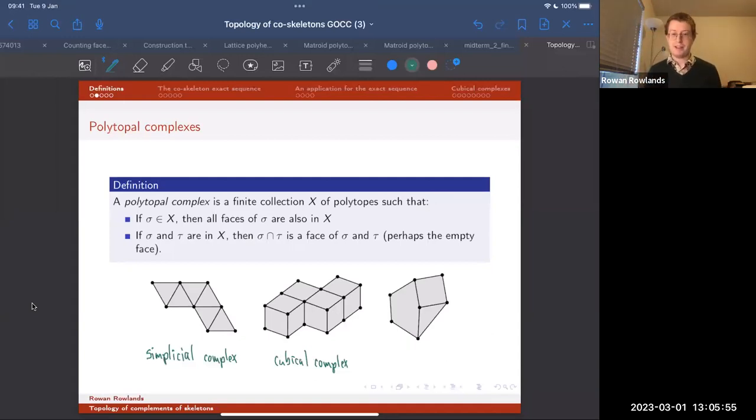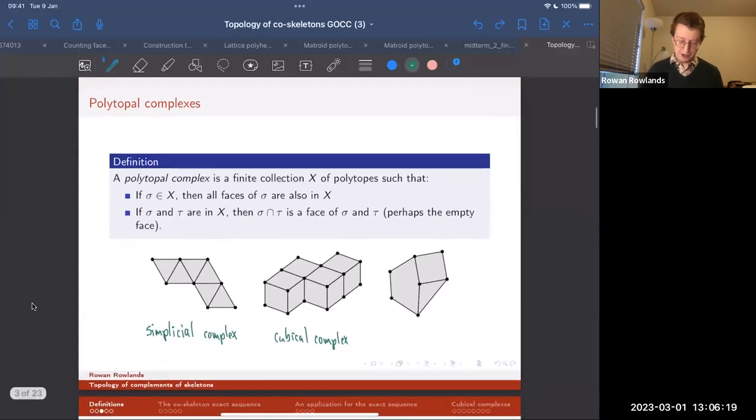It's dimension agnostic, but I want every face to be a cube. And this third picture here is a more generic, arbitrary polytopal complex, just to show that the faces don't all have to be the same. You can have more arbitrary complexes.